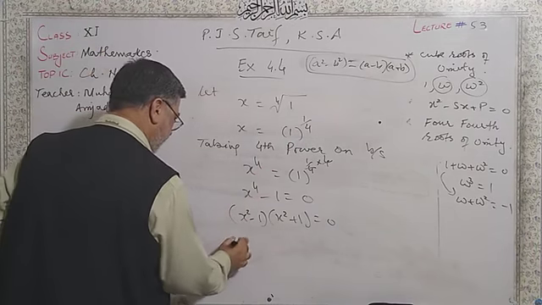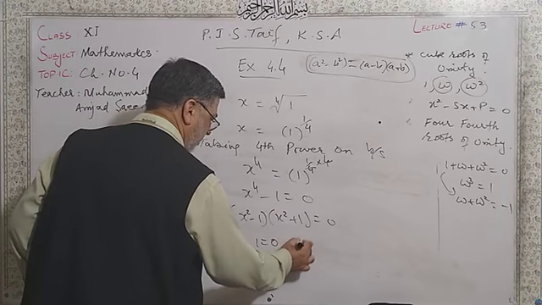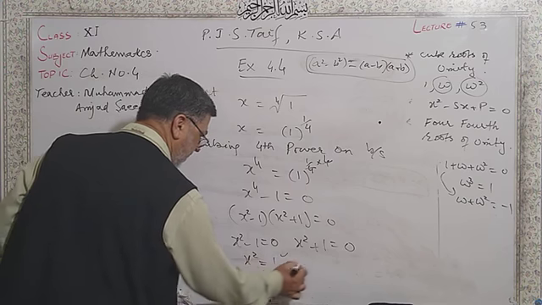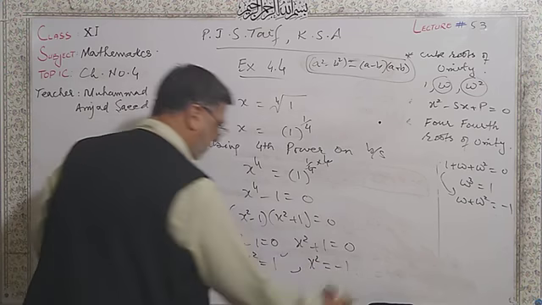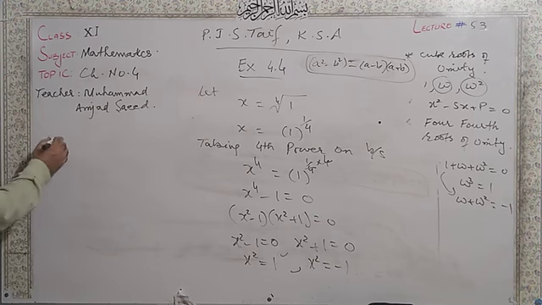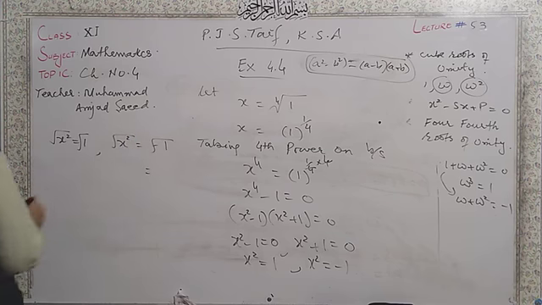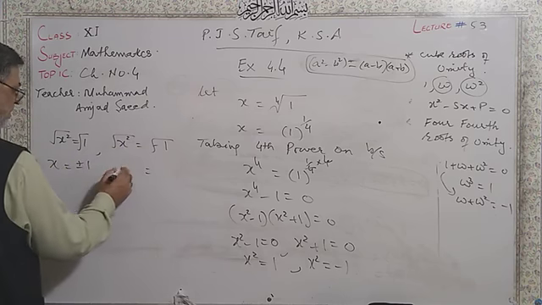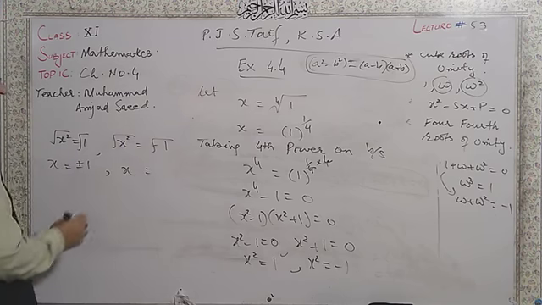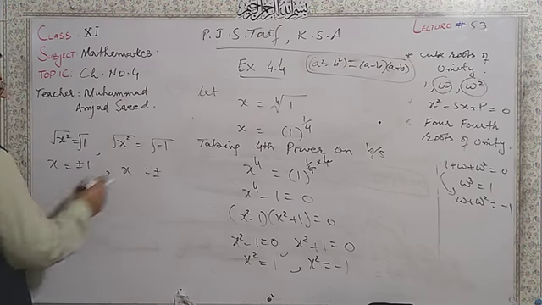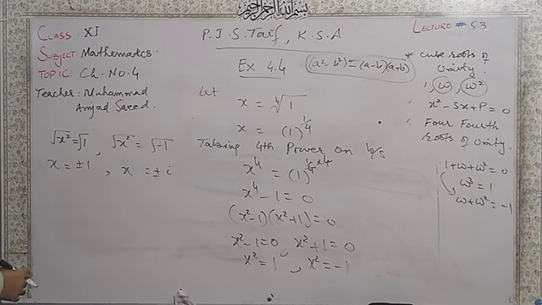So here x square minus 1 is equal to 0, x square plus 1 is equal to 0, x square is equal to 1 and x square is equal to minus 1. Taking square root on both sides, remember that x is equal to plus minus 1, and here x is equal to plus minus the square root of minus 1, which is iota.